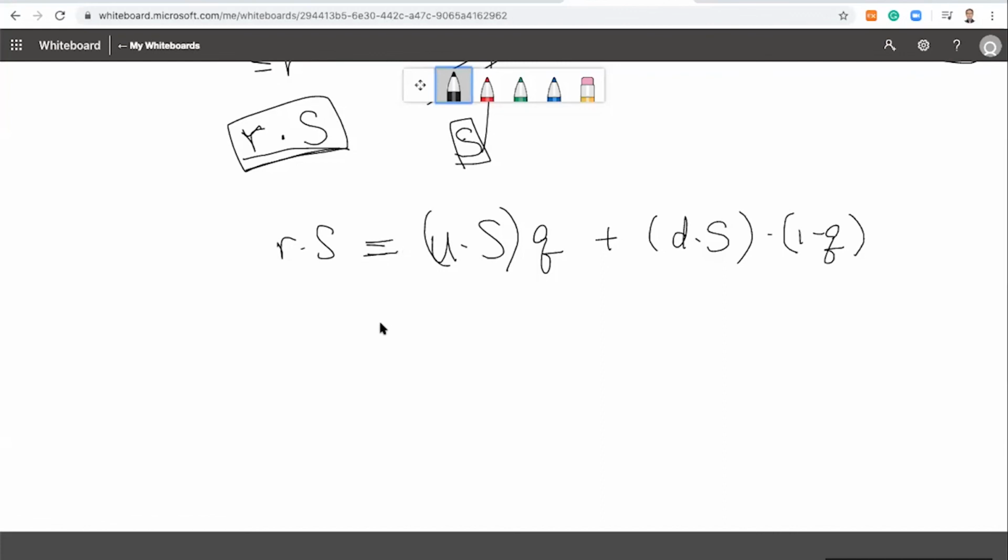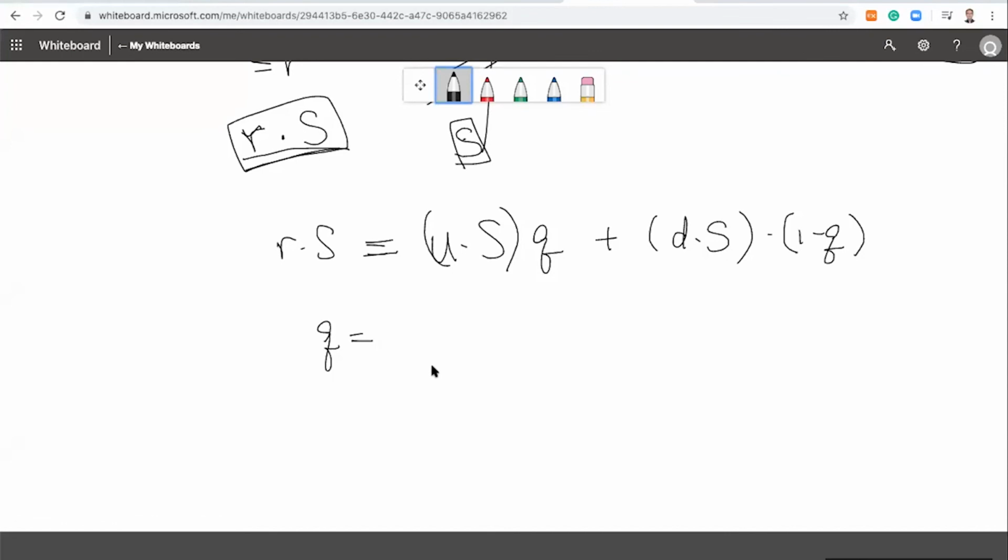Then the question is, what probability does the risk neutral guy have? So my question is, what is his probability? Actually, we can solve for his probability from these equations. So the question is, what is his Q?